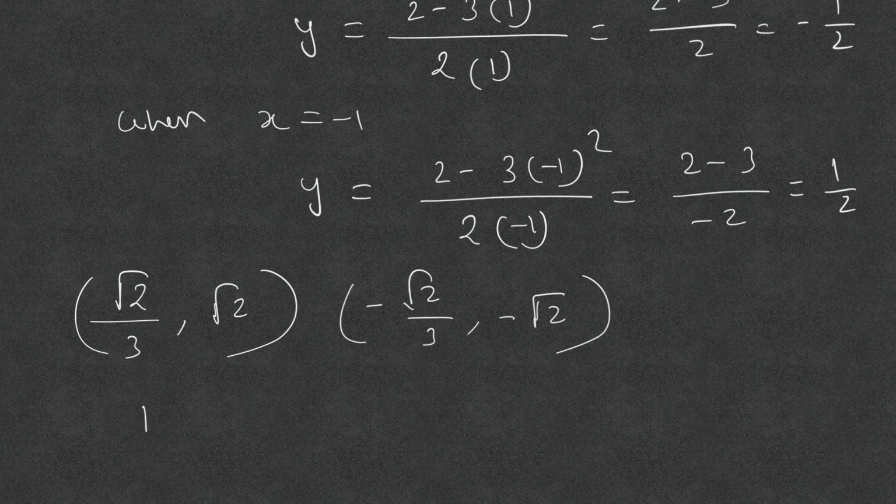Similarly, 1 for x gives us negative half, and negative 1 gave us half. And so we have all these points of intersection of these two functions.